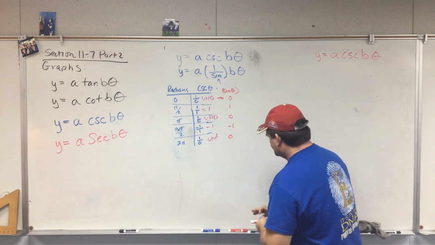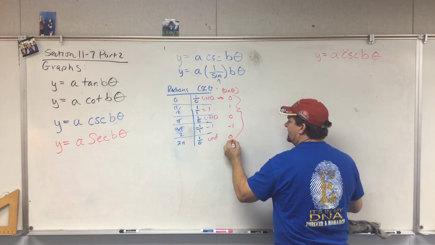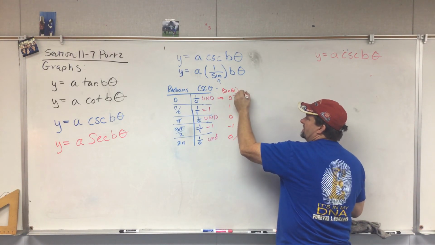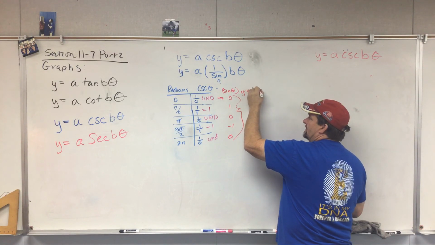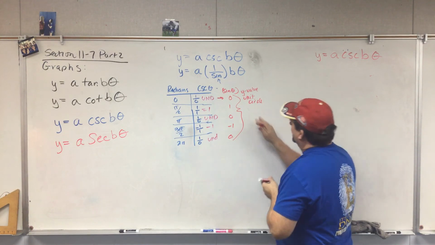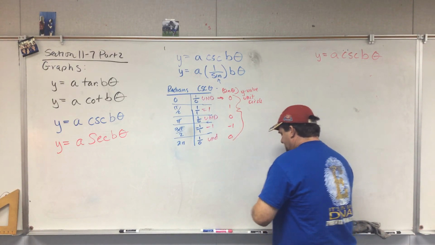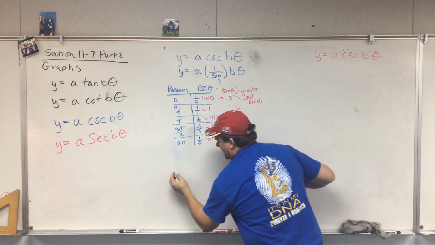All right. So remember, these came from the y value on the unit circle. And then all I did from there is I flipped them over to get my cosecant. So what does this do to the graph? Let's tackle this here real quick.